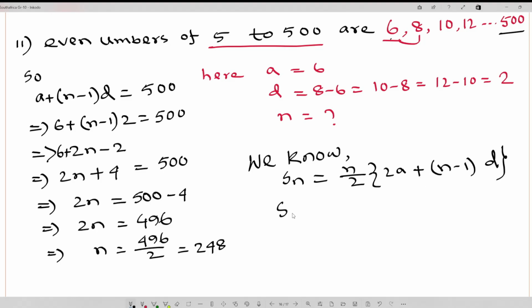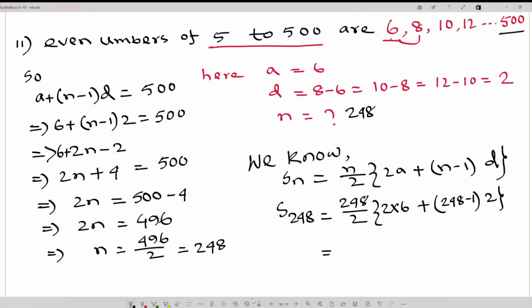Here n is 248, so S248 equals 248 divided by 2 times 2 times 6 plus 248 minus 1 times 2. In this kind of math you can use a calculator.